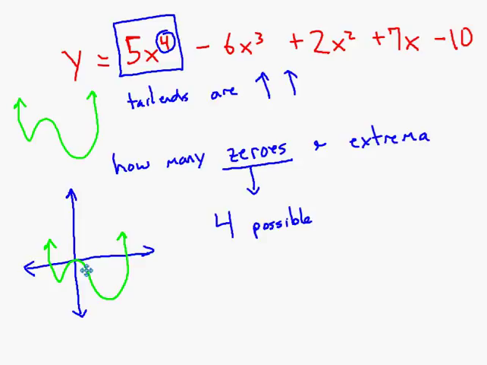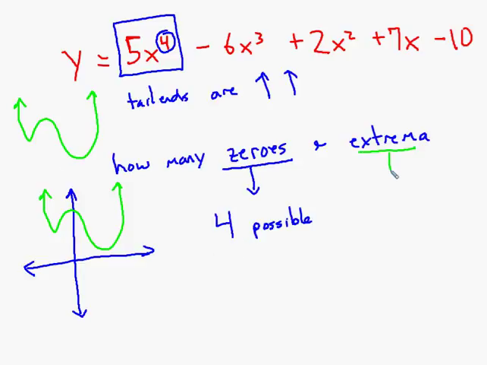Nope. 3. Now how many times? Okay, and of course it could be up here, and then how many times? How many times does it cross the x-axis? 0 times. Once, twice, 3, 4, 3 again, 2. Okay, well what's my range? 0 to 4, right? So 4 are possible.